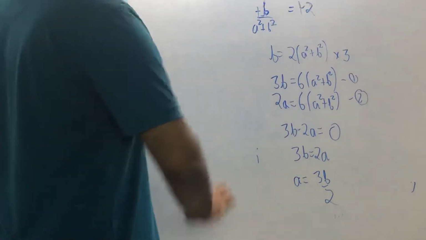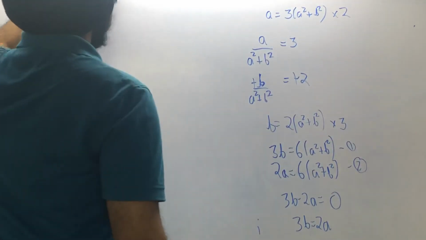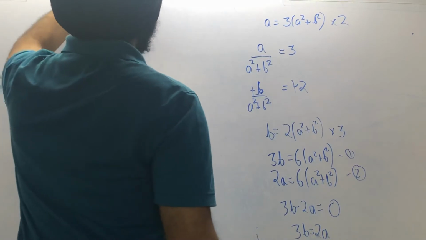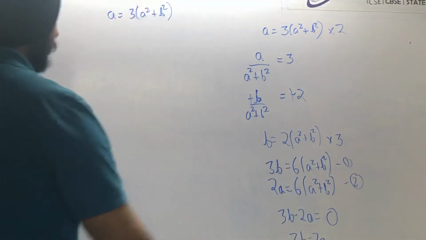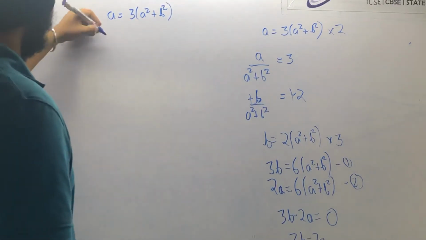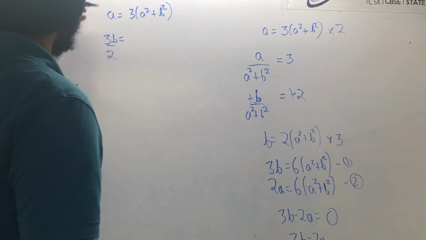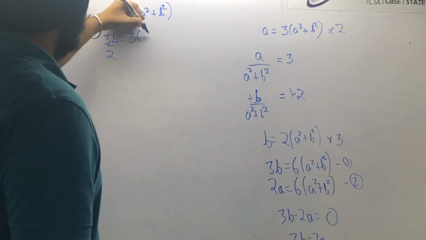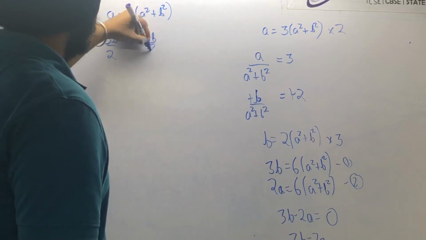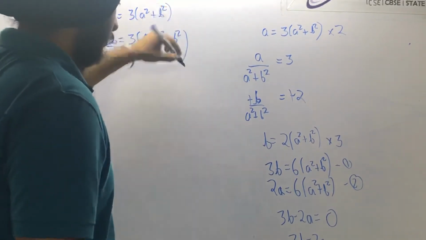Just substitute the value of a in this equation, so you will get b. So the equation was a is equal to 3 times a square plus b square, right? So a is what? 3b by 2. So just put in here 3b by 2 is equal to 3 into 3b by 2 whole square plus b square.